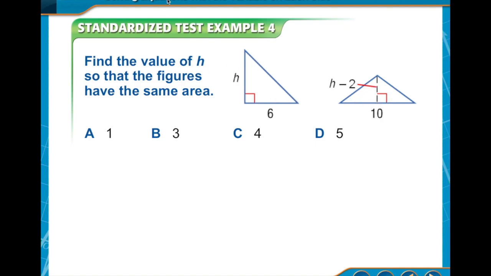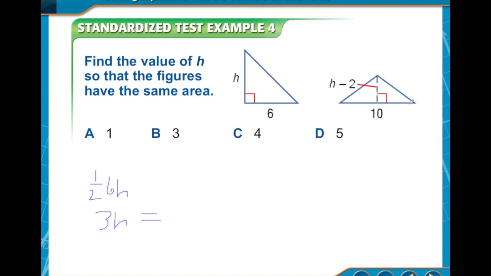So what's the area of this triangle in algebra? Well, it's 1/2 base times height. The base is 6. The height is just h. So 1/2 of 6h. Half of 6h is just 3h. So 3h must be equal to whatever we get over here.